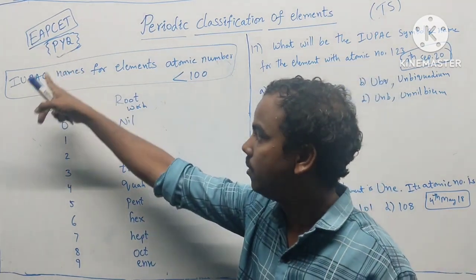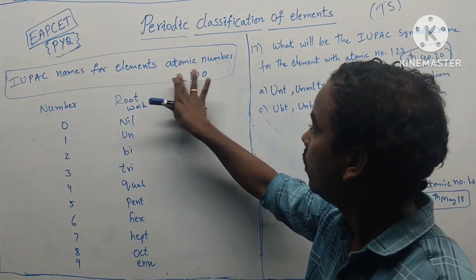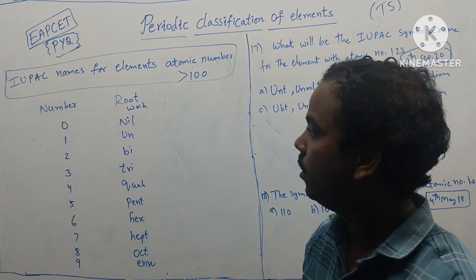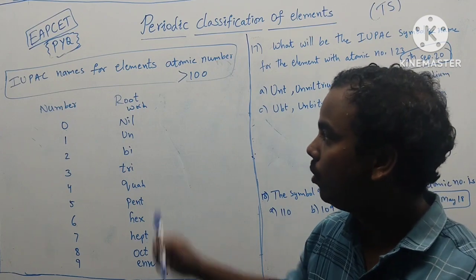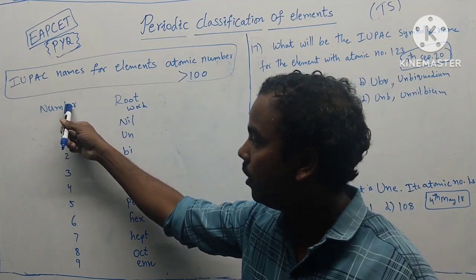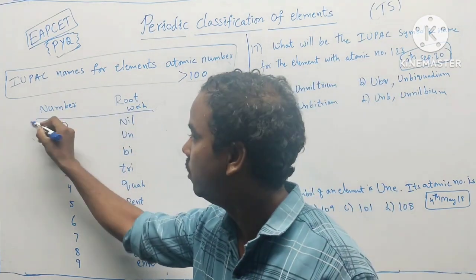Okay, now see this: IUPAC names for elements with atomic number greater than 100. How to write? If the number is 0, the root word is nil.